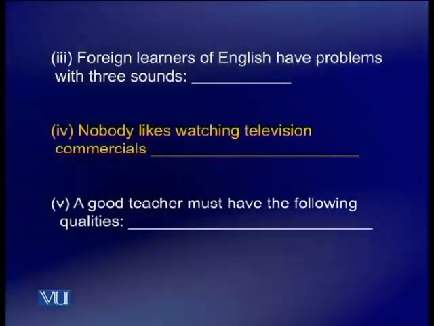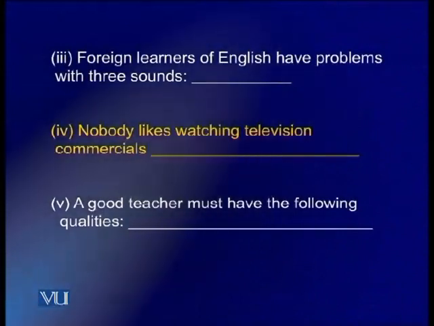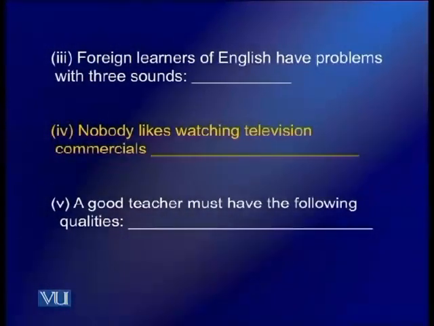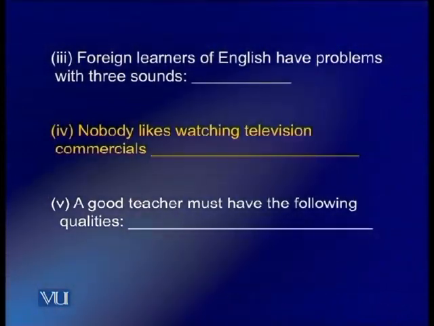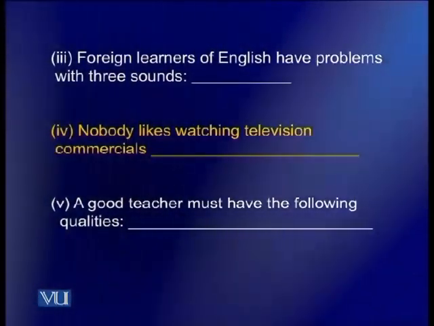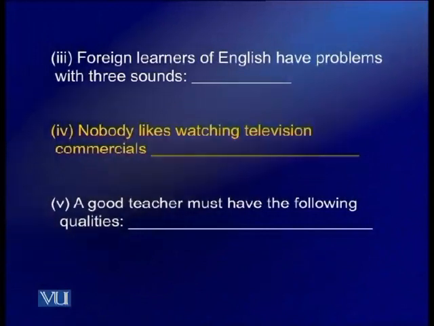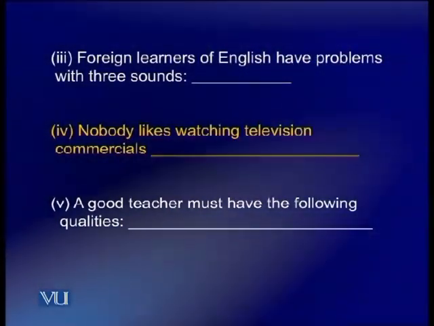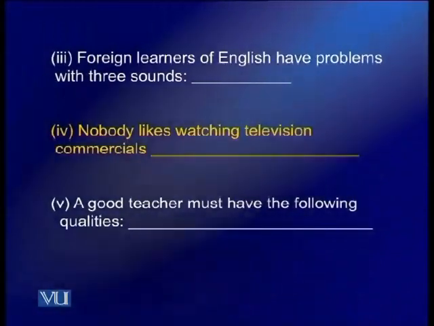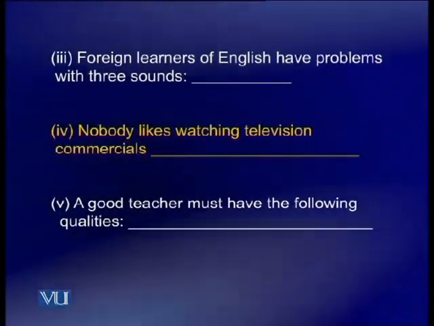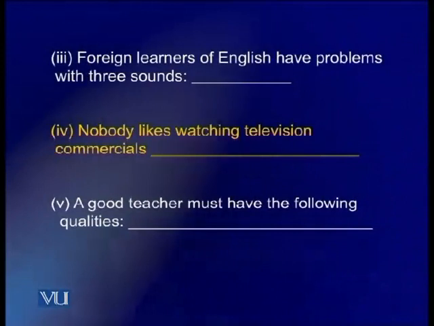You can have the word short vowels, diphthongs, and certain fricatives. Foreign learners of English have problems with three sounds: short vowels, diphthongs, and certain fricatives.